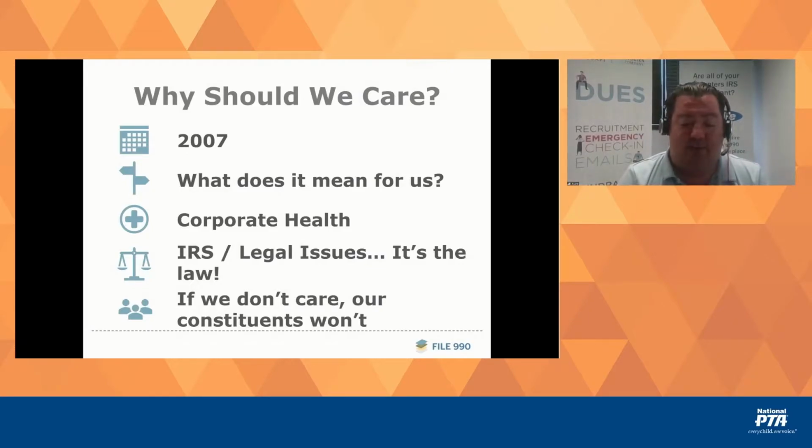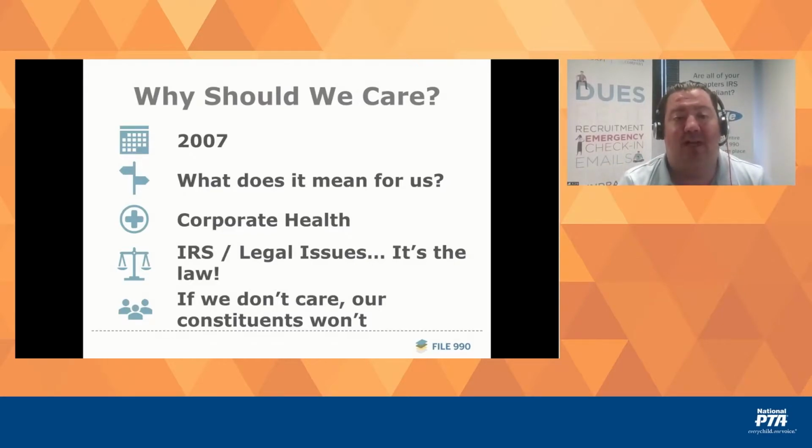From a state level, the next topic is corporate health, which has kind of been a buzzword for the past 5 years. That means the health, the tax compliance, of your state and its local chapters. It hasn't happened yet, but we feel that the IRS will someday come toward a parent organization, meaning the state PTA and its local components underneath it.